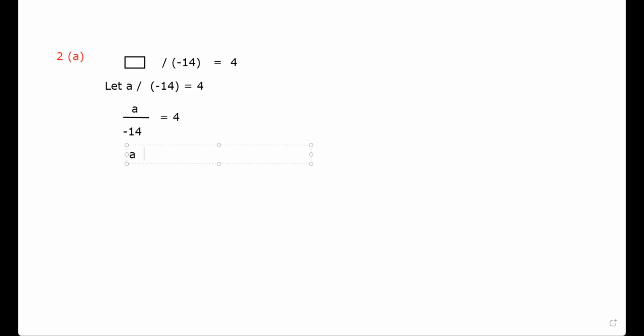A is equals to 4 multiplied by minus 14. My dear student, x represents the multiplication sign, so don't be confused.